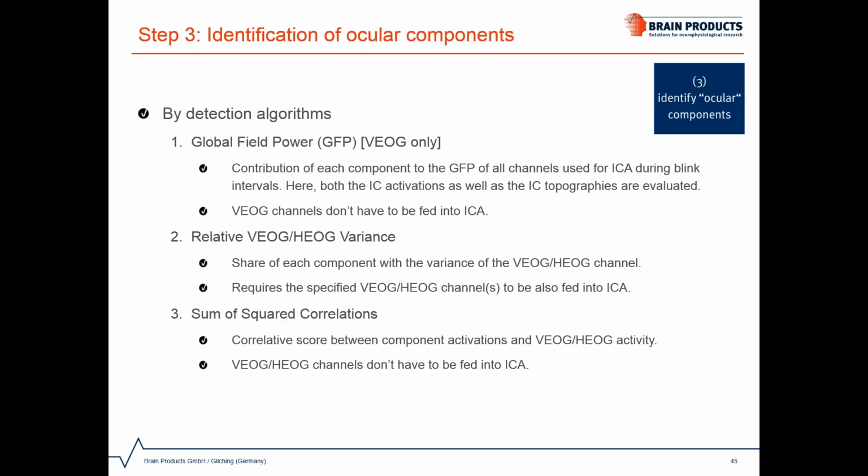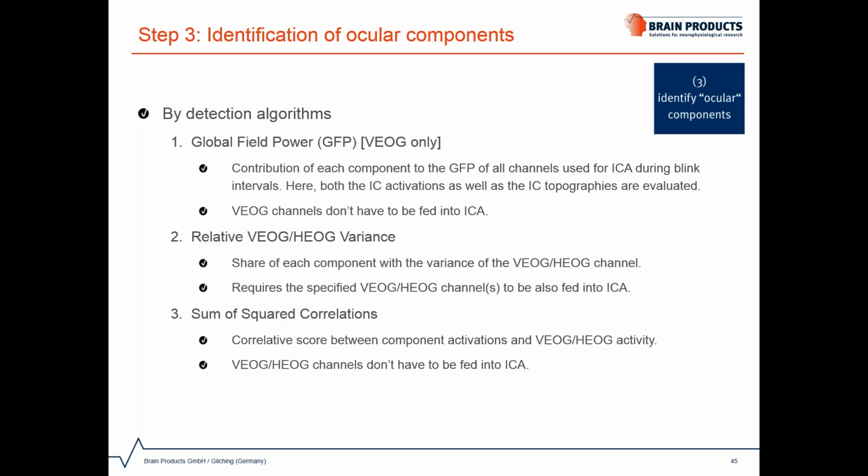Then for all these methods, the components will be ranked according to their score that was calculated with respect to the selected measure. Afterwards, component scores are compared to the threshold, and this threshold is specified in the field in the dialog. It's called total value to delete.